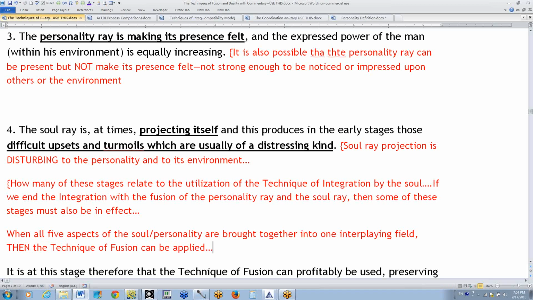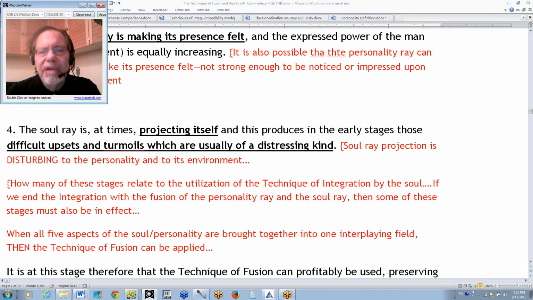So we want to see for whom this is really relevant, because DK has said these are rather advanced methods of meditation that he's going to give us here: isolated unity, inclusive reason, presented attributes.